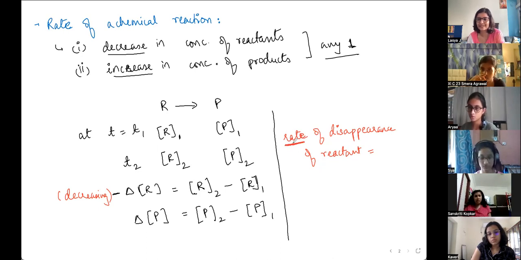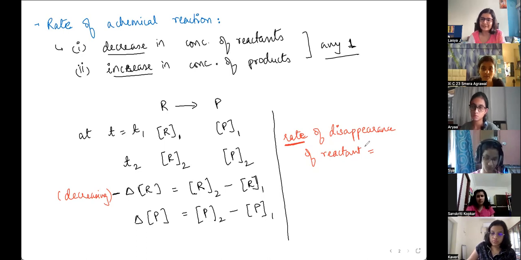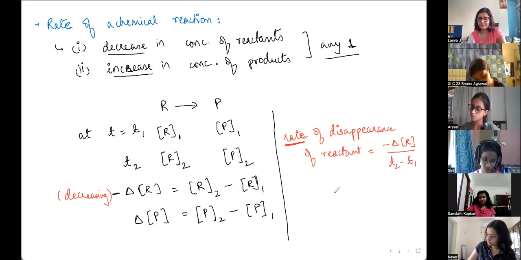Lots of times. Whenever you're looking at rate, what's it divided by? Time, correct. So the rate of disappearance of reactant will be minus delta R upon delta T, which is T2 minus T1. Or let's write it as delta T.